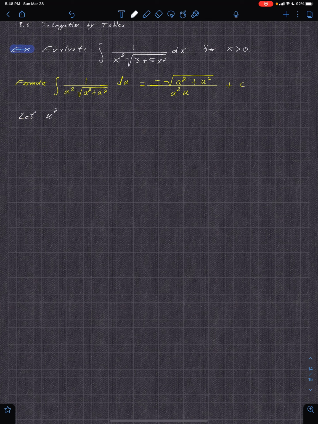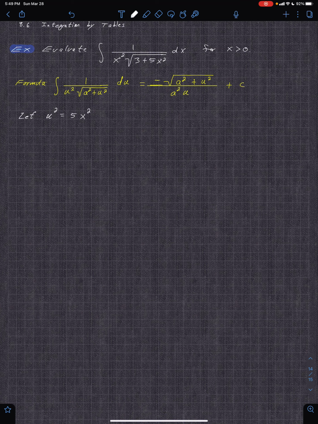So what we see then, we can let u squared equal 5x squared, so that this whole thing is my u squared. But if you do that, your u, which is what you're substituting back in here, would have to have that root 5. And keep in mind everything's positive here.